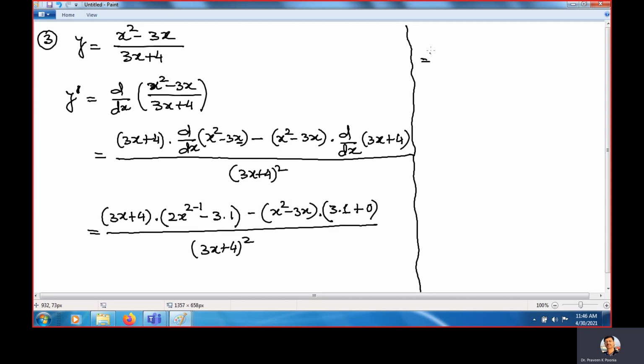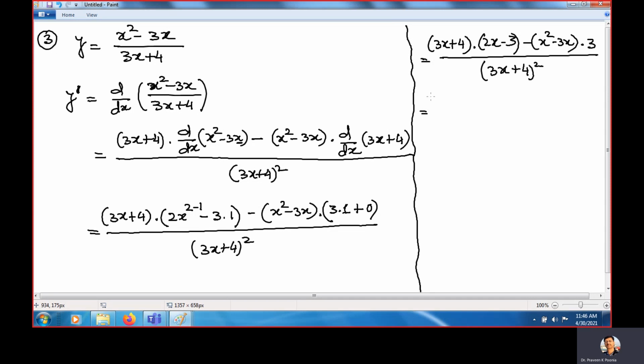Equals (3x plus 4) into 2x power 2 minus 1, 2 minus 1 is 1. So it is 2x minus 3 into 1 is 3, minus (x square minus 3x) into 3 into 1 is 3 plus 0, upon (3x plus 4) power 2.